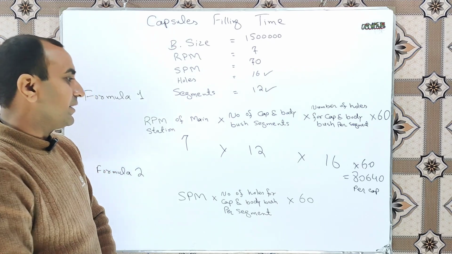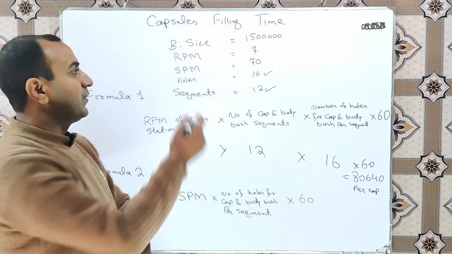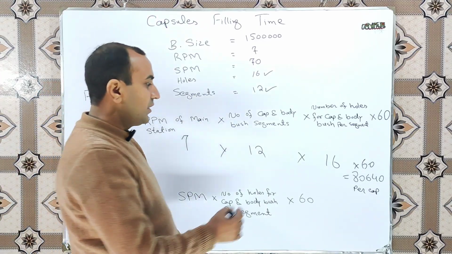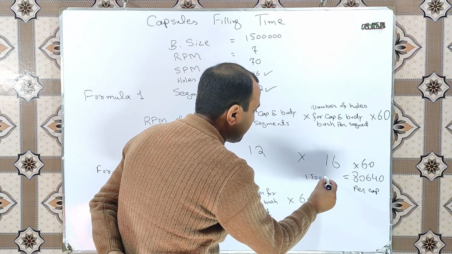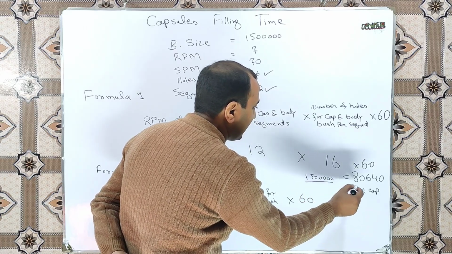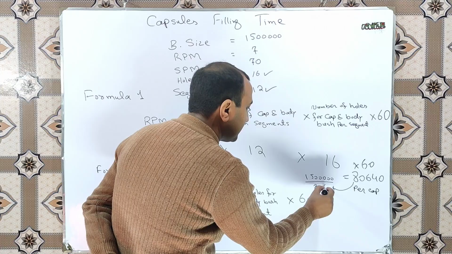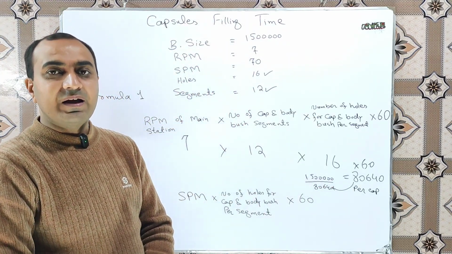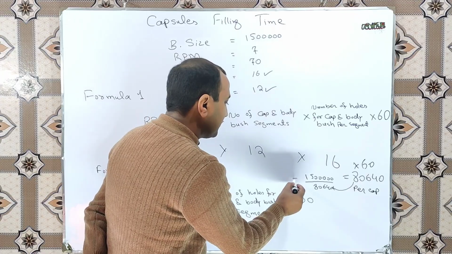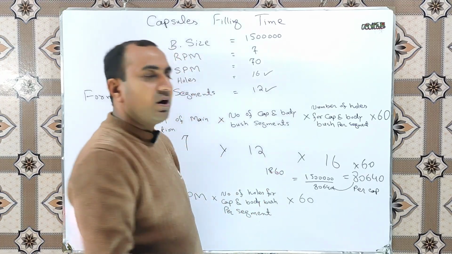80,640 capsules per hour. So how much total time will be required to fill the 1.5 million capsules? For this, simply take 1.5 million capsules and divide it by 80,640 capsules, which was the capacity per hour, and the answer will be 18.60 hours.